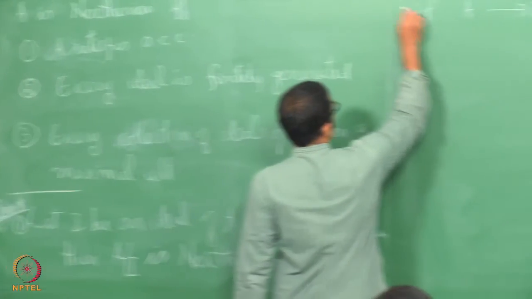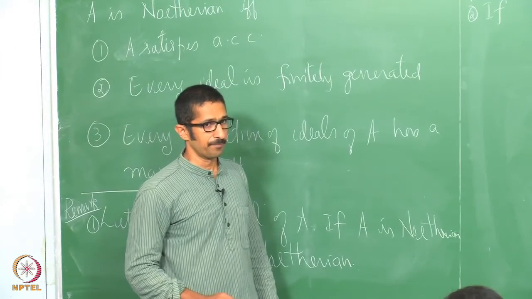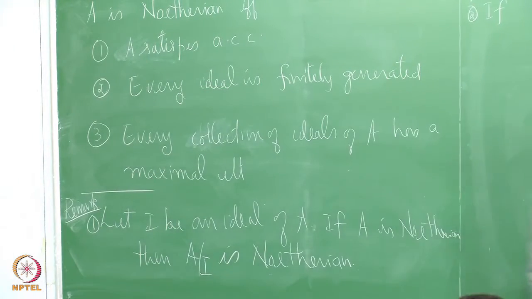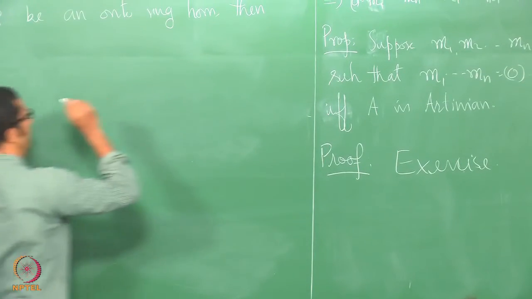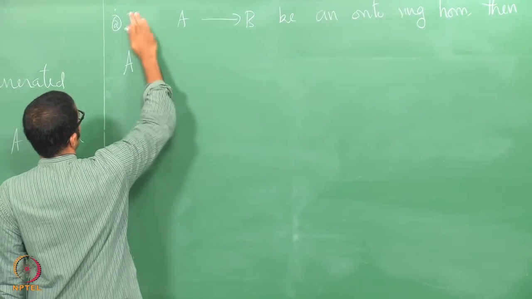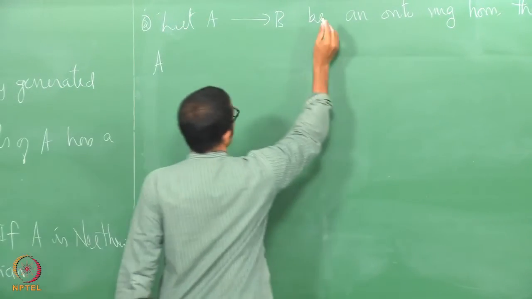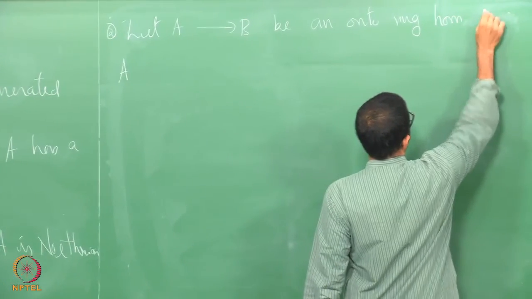As a corollary of remark 1, one can say: let f: A to B be an onto ring homomorphism.